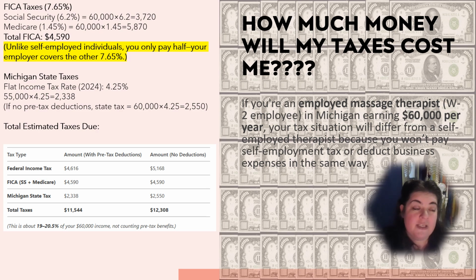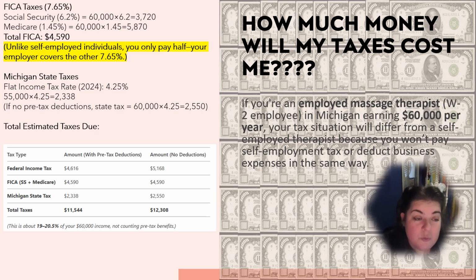All right. Michigan state taxes remain the same, 4.25%, based on that AGI. Remember, our adjusted gross income, because we spent $5,000 on retirement and pre-tax penalty. Our health insurance was all paid in, so that is only going to be $2,300 that gets paid into the state.